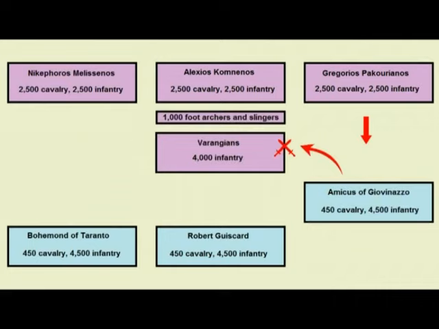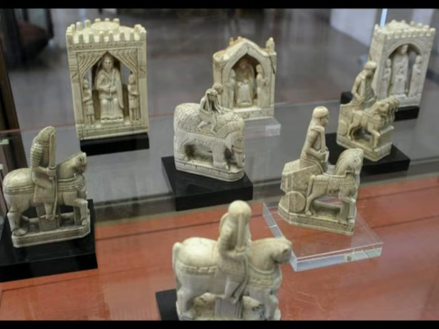So for Amicus of Giovinazzo to have charged into the Varangian left, he would have had, as we've seen, to detach himself from his position. There is the sense that distances were quite wide, so we don't have the timing or the distances precisely.